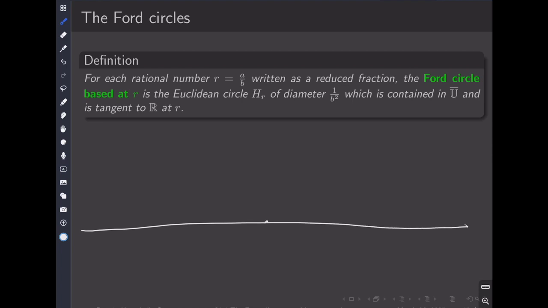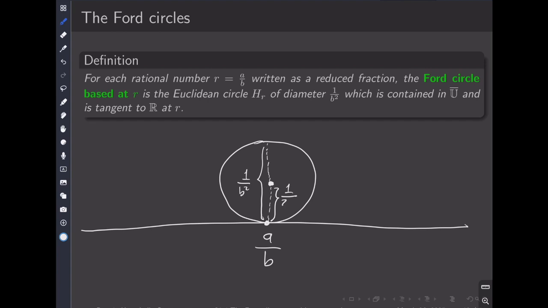We take a rational number, A divided by B, written as a reduced fraction, and then we take the Euclidean circle H with this diameter, tangent at this point. So it's one very specific circle, with diameter 1 divided by B squared. This means that the radius is of course 1 divided by 2B squared.